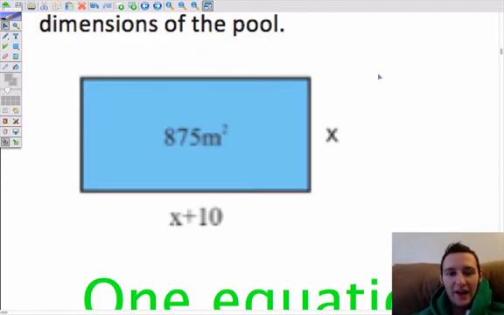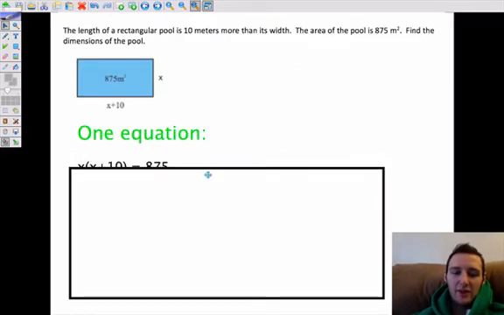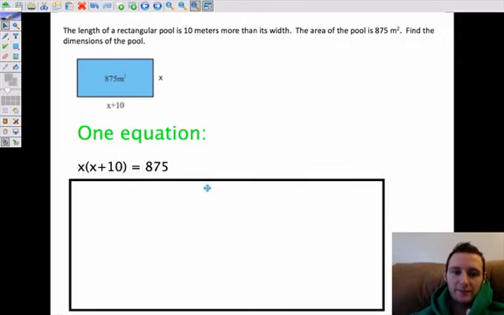The dimensions of the pool are x and x plus 10. If we want to find the area, we multiply both dimensions times each other, like length times width. So x times x plus 10 is going to equal 875. That's where our equation comes from.